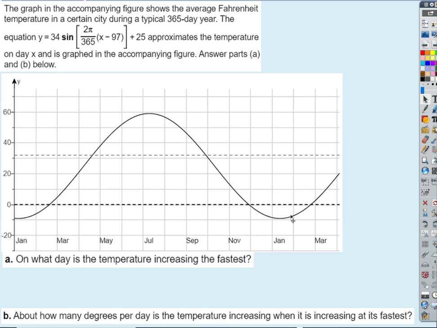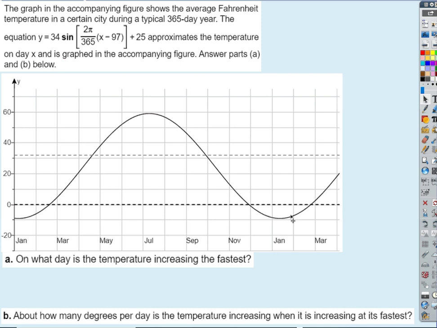Okay, so x is the day, and y is the temperature. So then, what would a slope represent here? It's going to be the change in the temperature with respect to the day, right? So it's going to be the rate of change of temperature. Does that make sense?